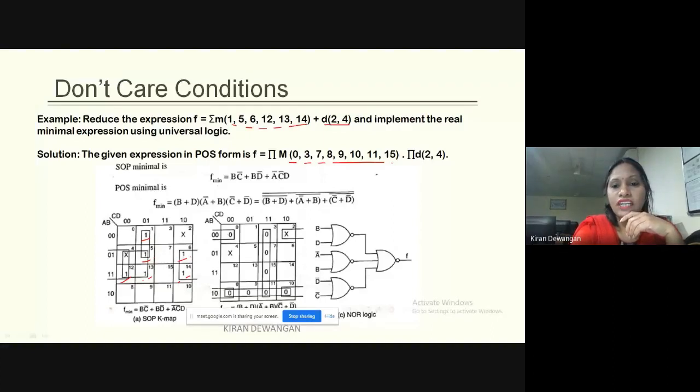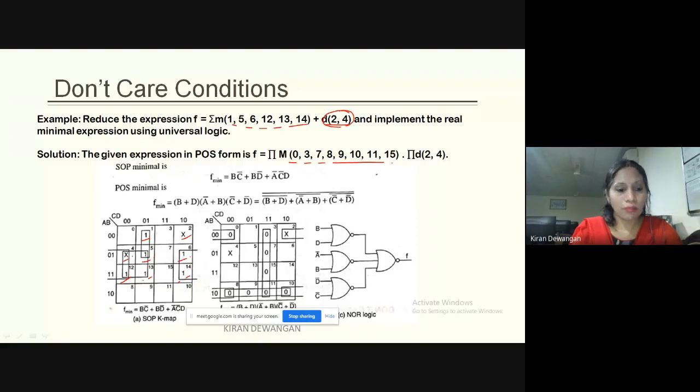Now we have D, that is the don't care terms. So here we have 2, here we have 4. So we have mapped 2 and 4 as well. Clear? So now what we'll do, we'll start forming pairs or quads. We'll see if these don't care terms are used or not.